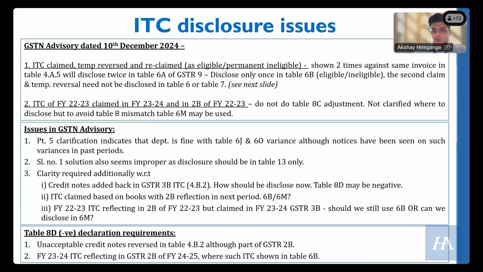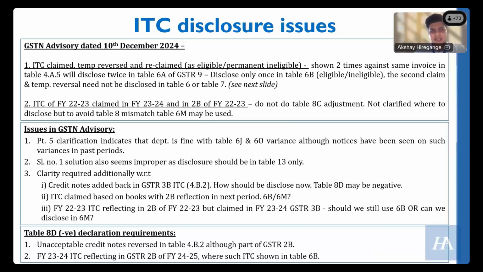There is circular 212 which came out recently, which said that we need to ensure that wherever credit notes were raised and ITC reversal has been done by the customer, the vendor must prove to the department that he has reduced his liability only then he can reduce his liability.